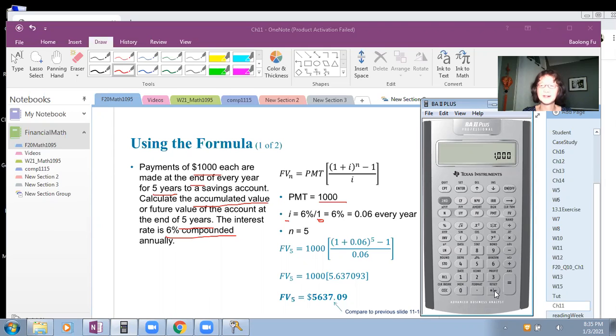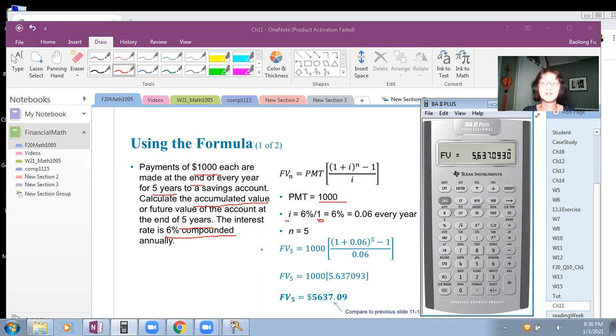So you press the negative sign and then PMT. Then present value PV is 0 as a precaution to clear any previous entries. Final step, compute FV. See the same number we get here. Okay, this is the calculator method.